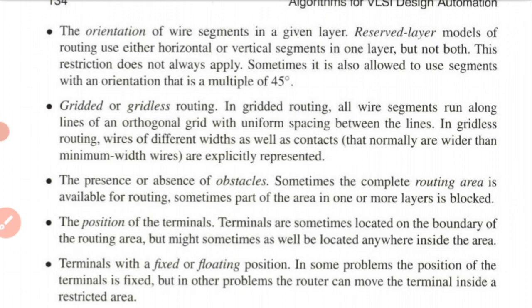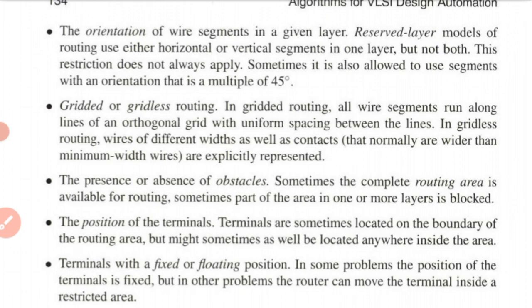First we make a connection from resistor to inductor, and that one connection is fixed. So we can say that is an obstacle for the next connection we are going to make. That is the presence or absence of obstacles.